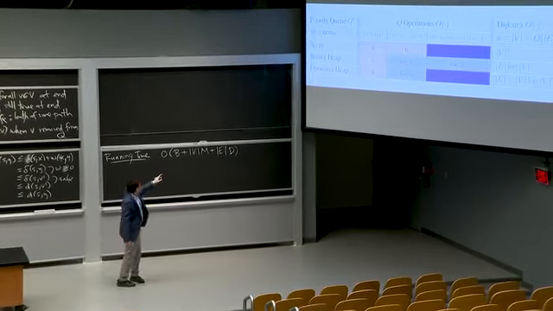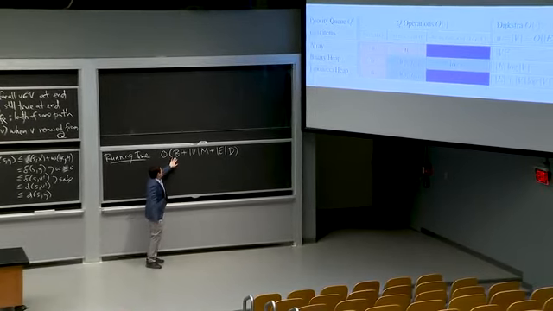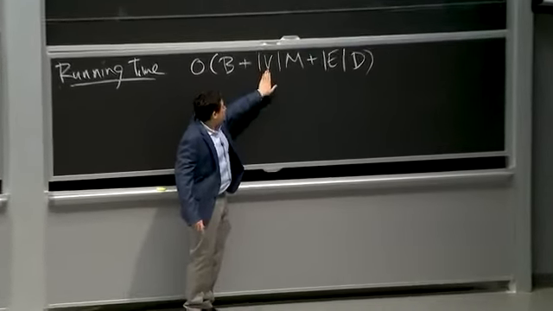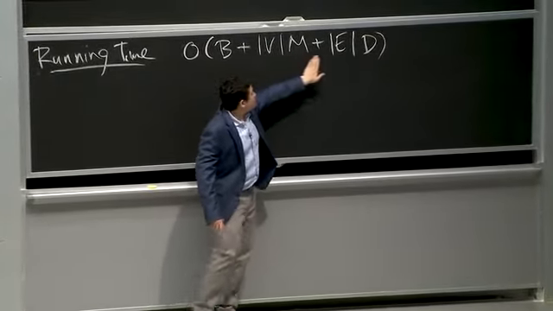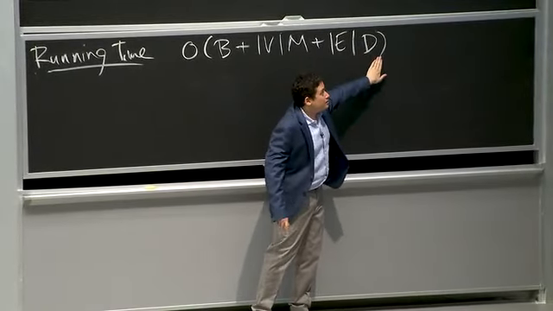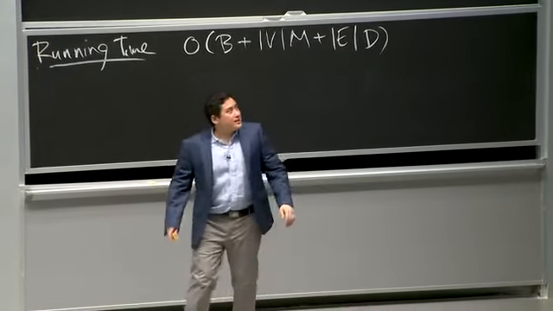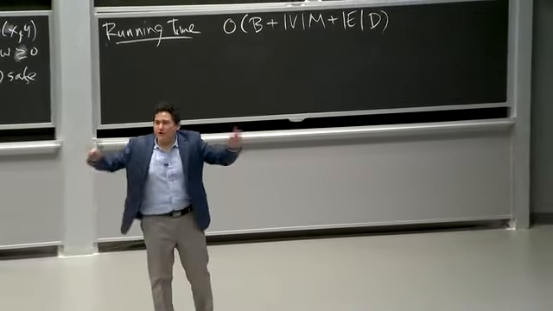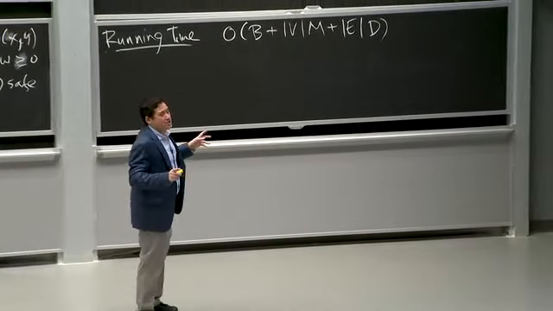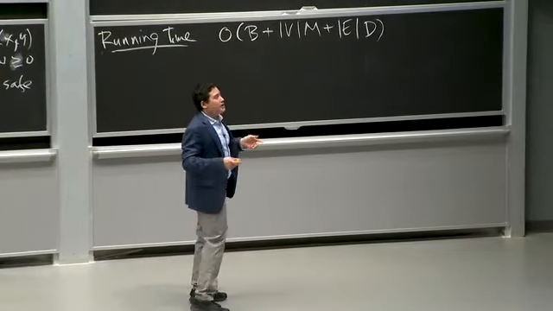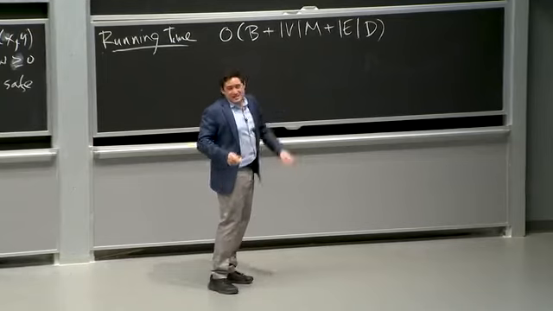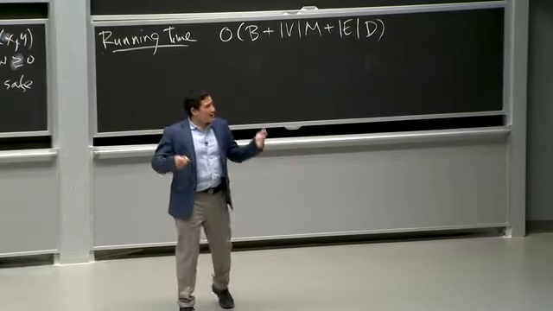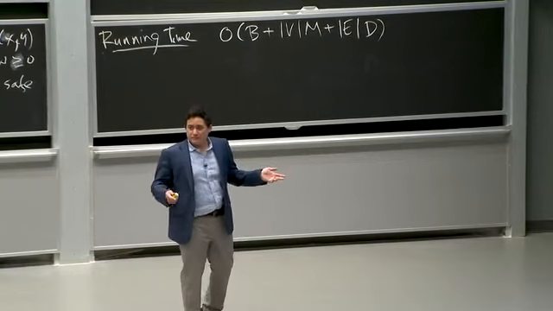And if I put that into this formula, I actually get v plus v times log v plus e times log v, right? And so that's going to give me e log v if I'm first pruning out all of the things not connected to me. Then e asymptotically upper bounds v, and I get this e log v running time, which is pretty good, right? That's just an extra log factor on linear.